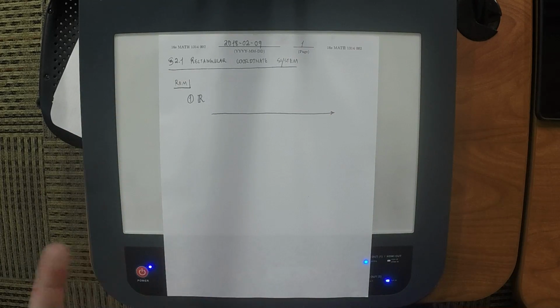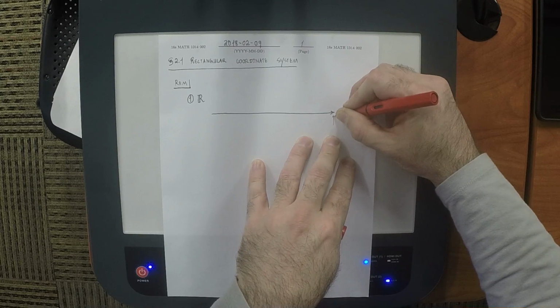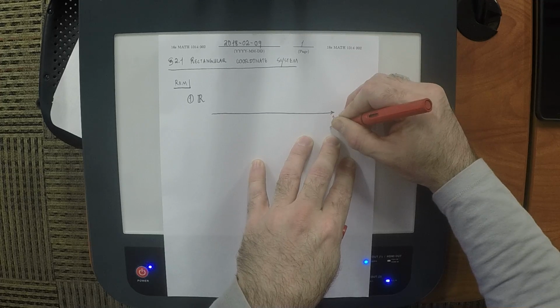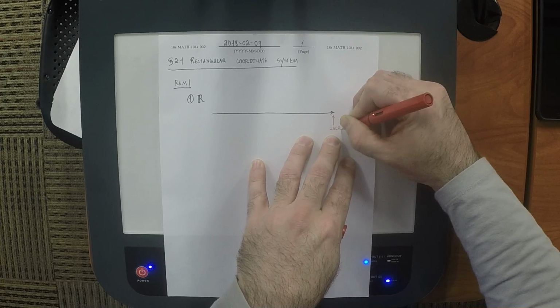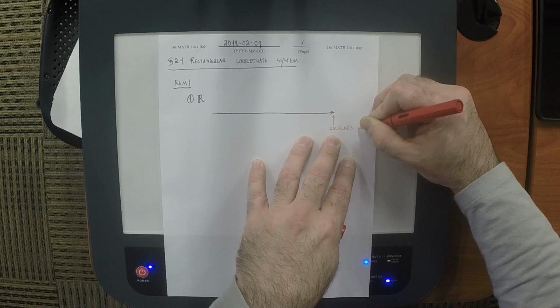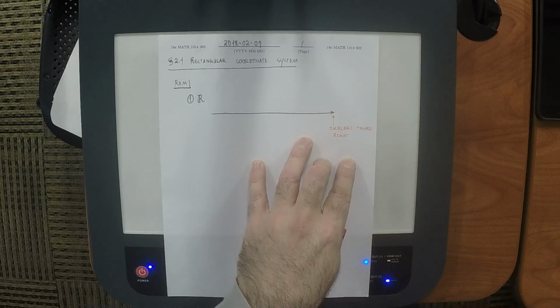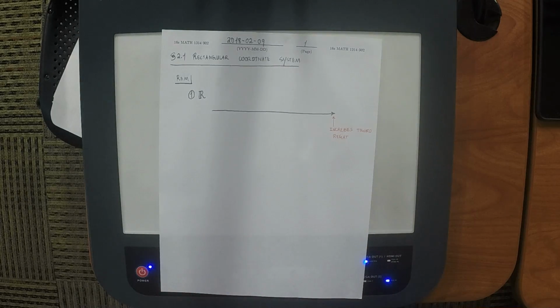This arrow on the right signifies the convention that the increasing direction is to the right. So if you were on the number line and taking measurements and moving to the right, then the measurements would be getting bigger all the time. If you were moving to the left, the numbers would be getting smaller all the time.